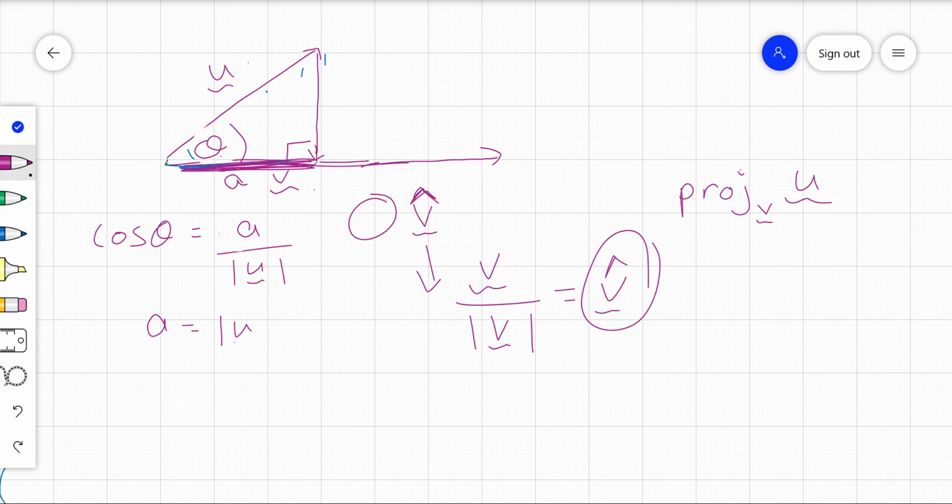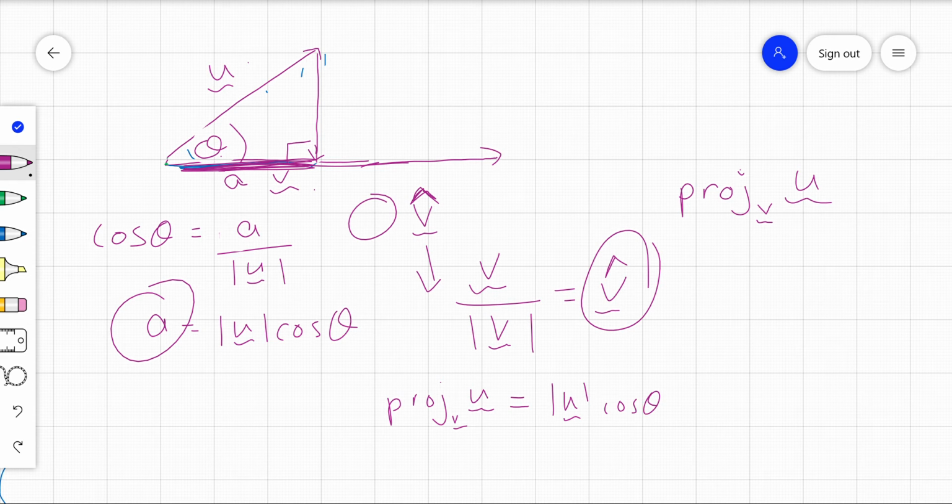I've got magnitude of vector u cos theta. So that gives me the projection of vector u onto vector v being this scalar length, u cos theta, times the unit vector v.